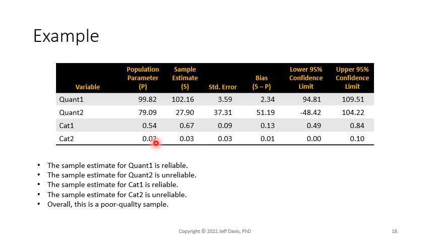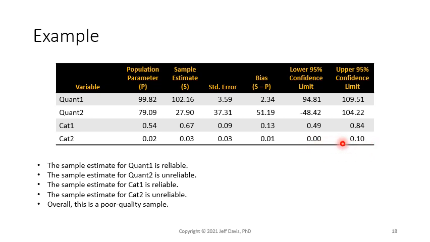Here for Cat2, we've got the population parameter and the sample estimate, but the standard error is the same as the sample estimate, so you should be prepared to see a fairly large confidence interval. The lower confidence limit is 0, upper confidence limit 0.10, as we saw in one of the previous slides.